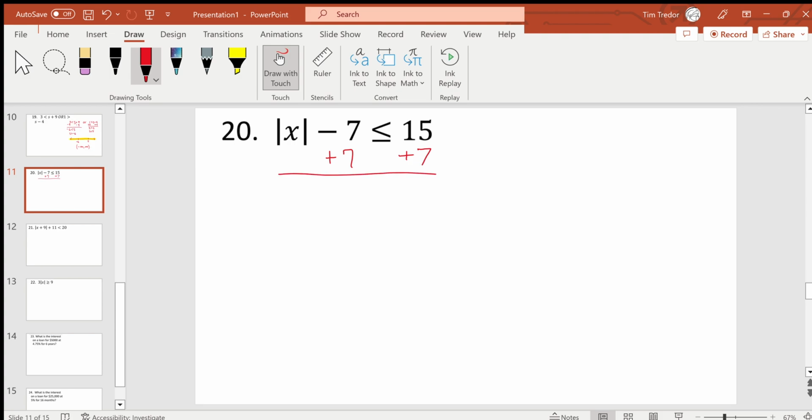And I'll have the absolute value of x is less than or equal to 22. Once the absolute value is by itself, we can set up case 1 and case 2.